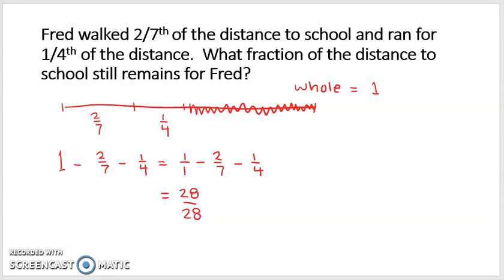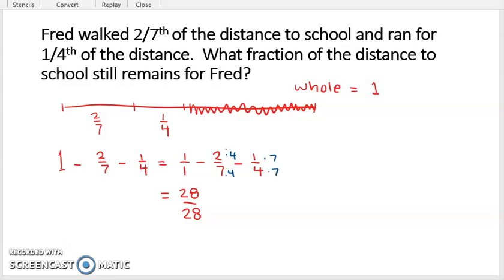For 2/7, the equivalent fraction is, I'm going to change the color of my pen here. You've got 2/7, and that common denominator would be 28, so I need to multiply the top and bottom by 4. For this 1/4 with common denominator of 28, multiply the top and bottom by 7.